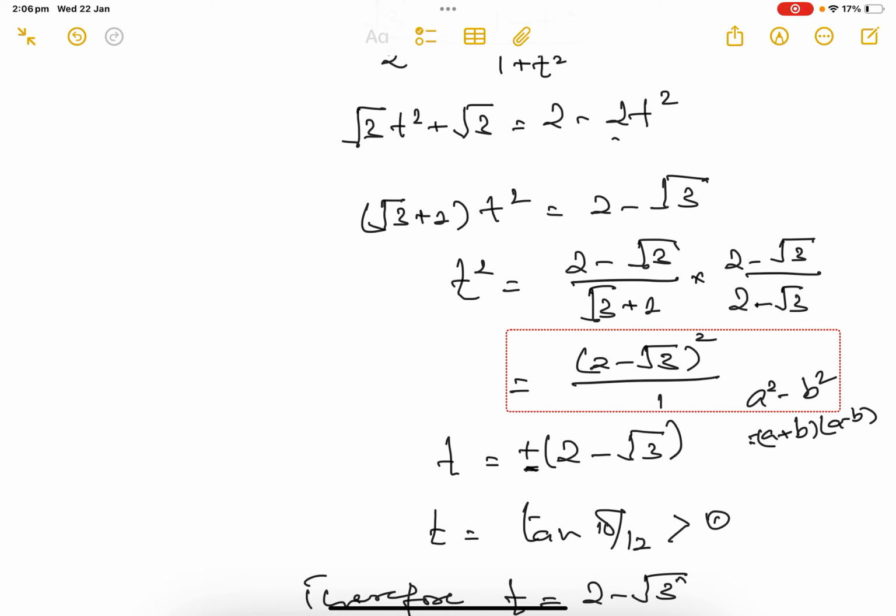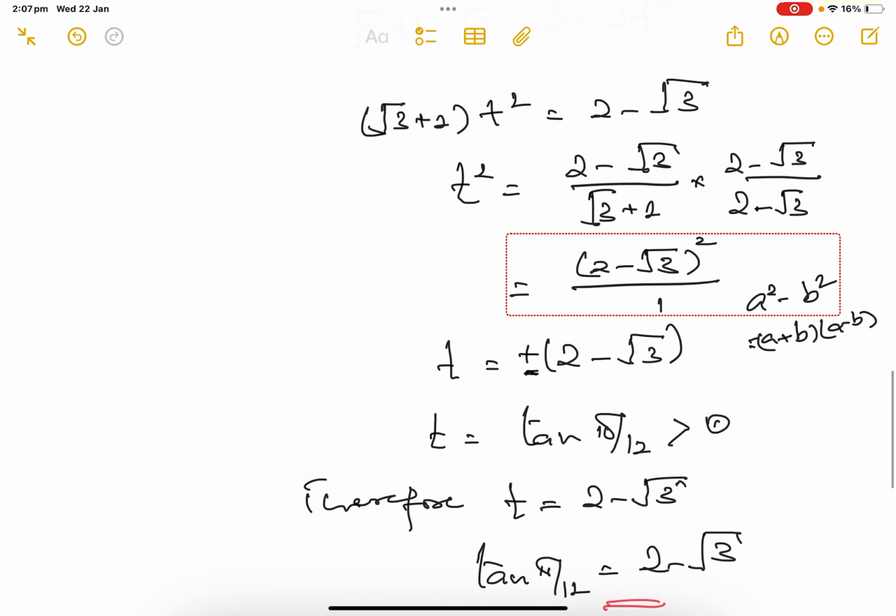Here a is 2, so 2 squared is 4, and b is root 3, so the square of root 3 is 3. So 4 minus 3 is 1. So the numerator is 2 minus root 3 to the power of 2, divided by 1.